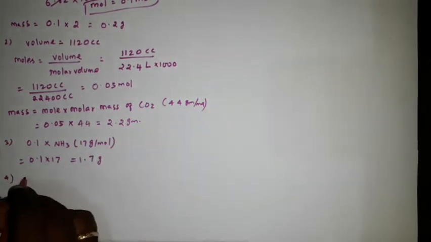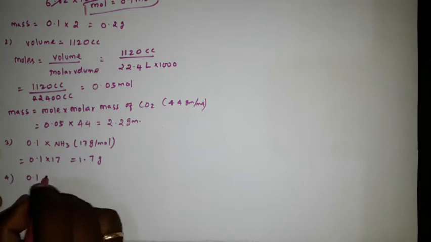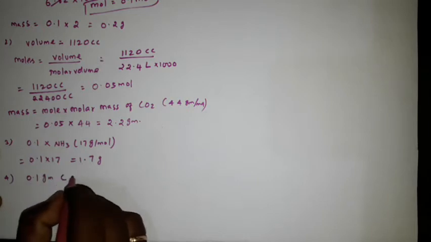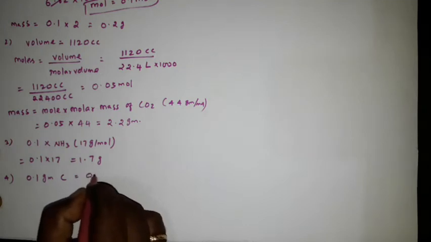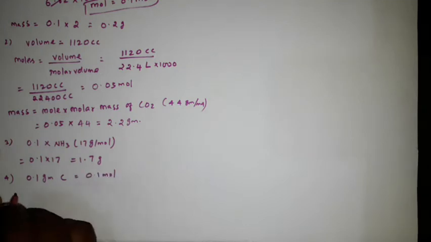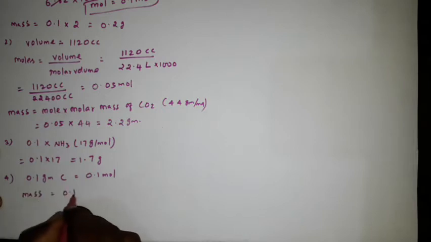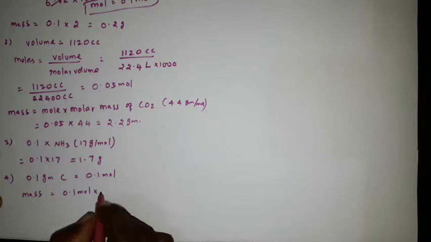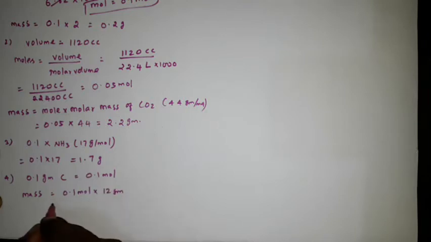Fourth one is 0.1 gram atoms. 0.1 gram atoms of carbon equal, it contains 0.1 mole. So mole into molar mass, we will get mass. Mass equal 0.1 mole into 12 gram equal, so carbon molar mass is 12 gram, we will get 1.2 gram.